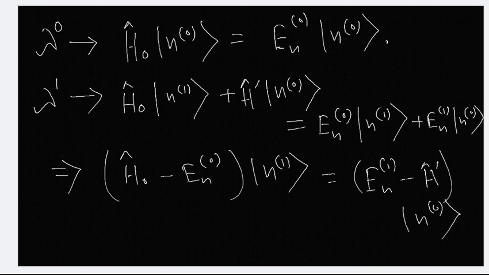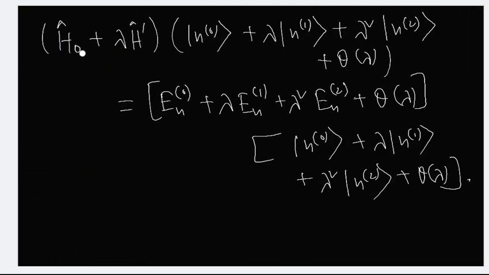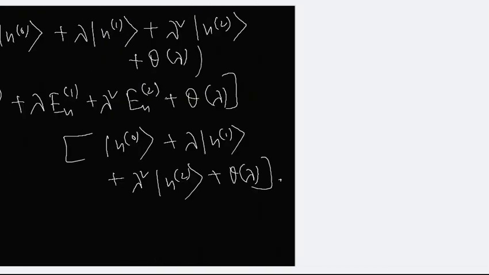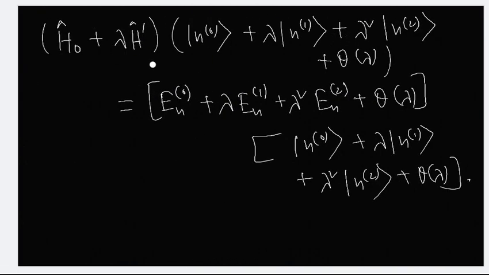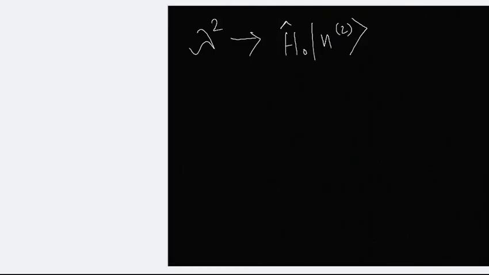Now try to collect the coefficient of lambda square. So it is a little difficult. So from here you have H naught of n2, then H prime of n1.